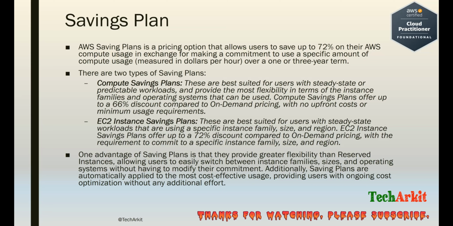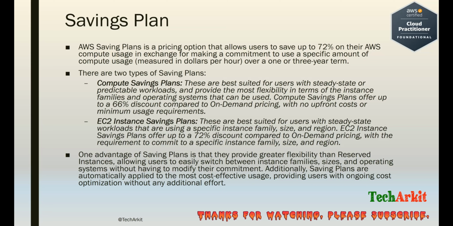So this is actually a commitment for 1 or 3 years. You say, okay, this is the instance I use for 3 years. This is measured in dollars per hour, right? So that's how it is mentioned. If you give contract terms, like I need this instance for 3 years, so you committed to that, you will get more savings.